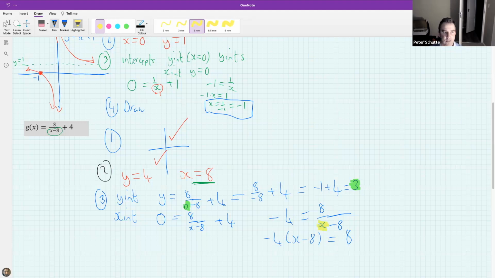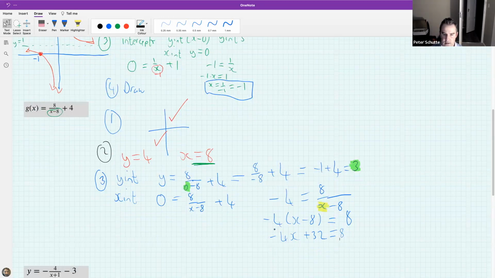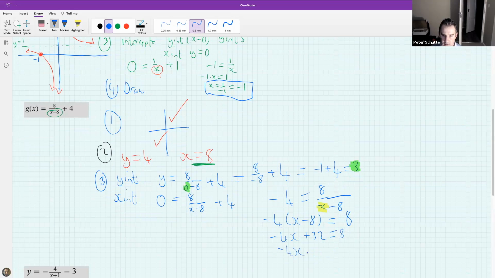You might get the answer, but I think a lot of us will want to take the safe method, which I'm doing here. So what do we have here? 8 minus 32. Okay, so this is 6. So I get that my x-intercept is 6.